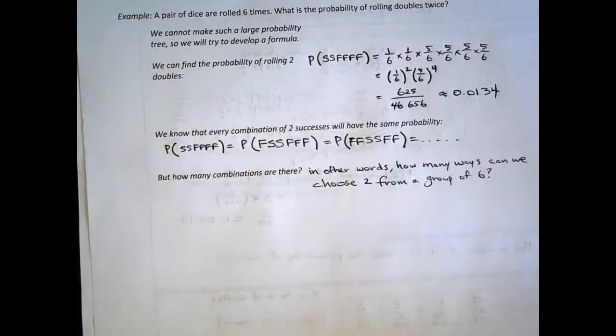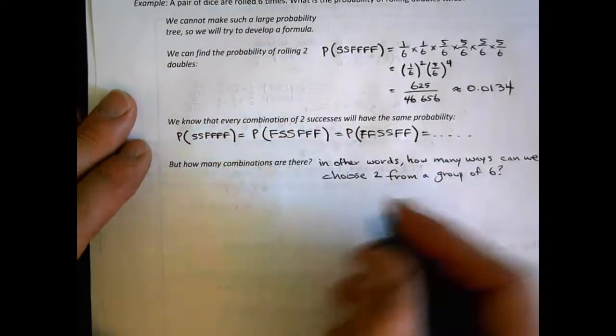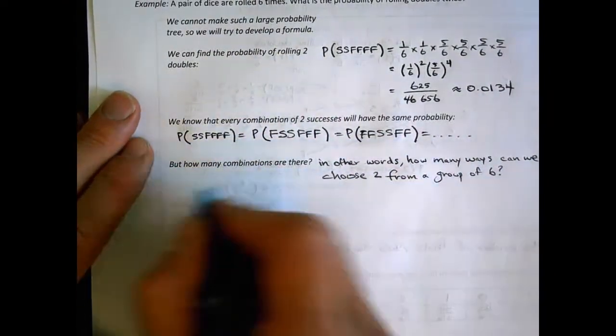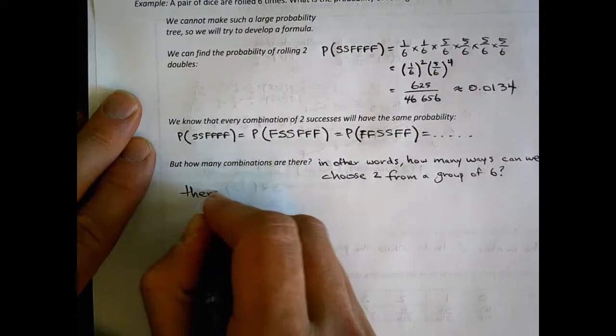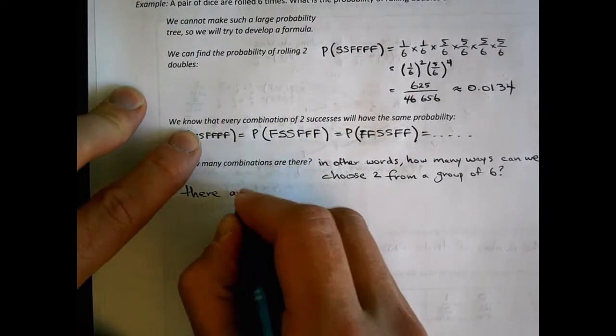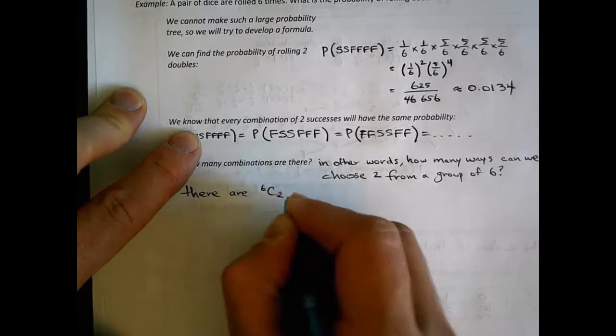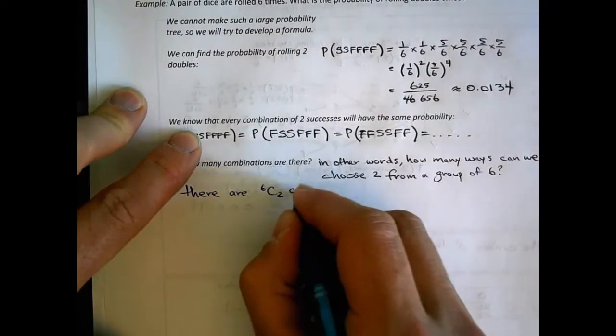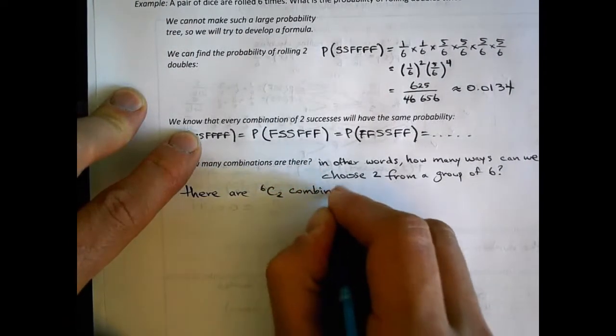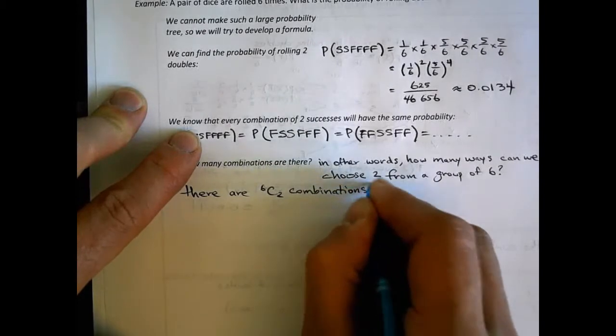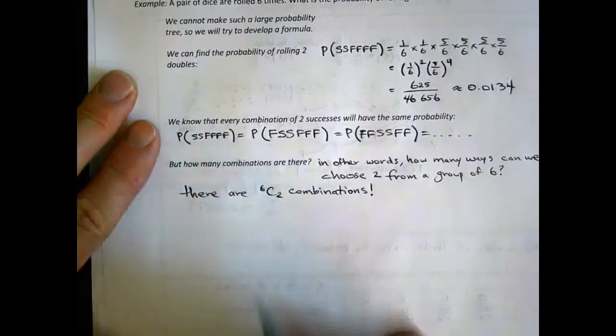Well, we learned this. We just did a whole section on this. This is combinations. In other words, we want to know how many combinations there are. Well, there are 6 choose 2 combinations. It's all coming together. 6 choose 2.